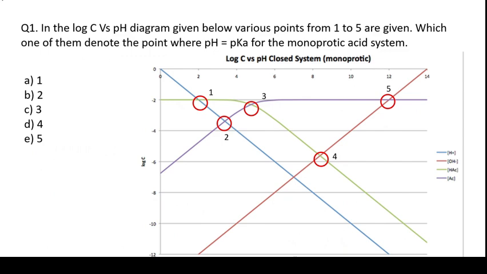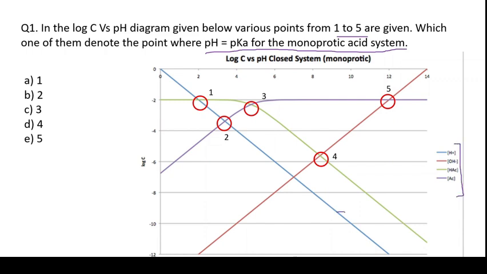So the first question is, in the log C versus pH diagram given below, points 1 to 5 are given. Which one of them denotes the point where pH is equal to pKa for a monoprotic acid system? We're talking about a monoprotic acid system, and you can see what is representing what.